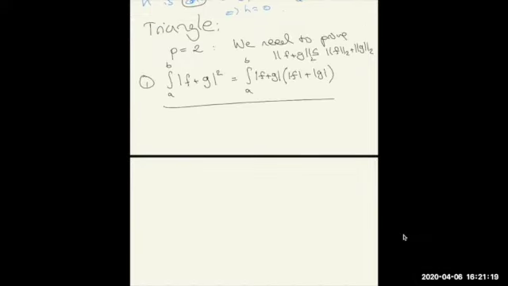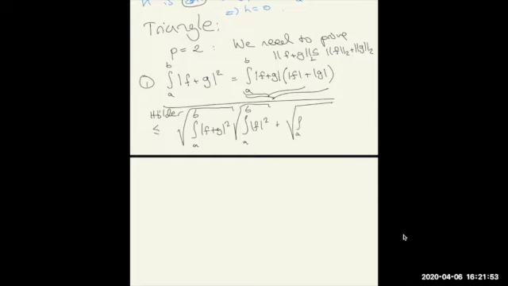And then looking at the right-hand side, this can be estimated from above by first distributing, estimating the first term from above by Holder. This gives the integral from a to b of (f plus g) squared, square root, and then the integral from a to b of f squared, square root, and then the same, but with g replacing the second factor.